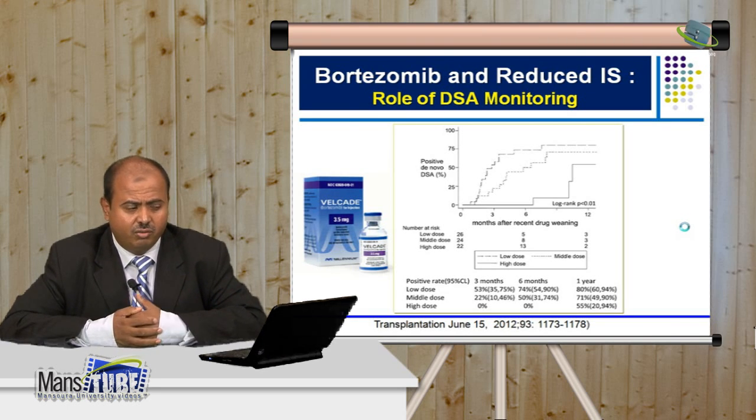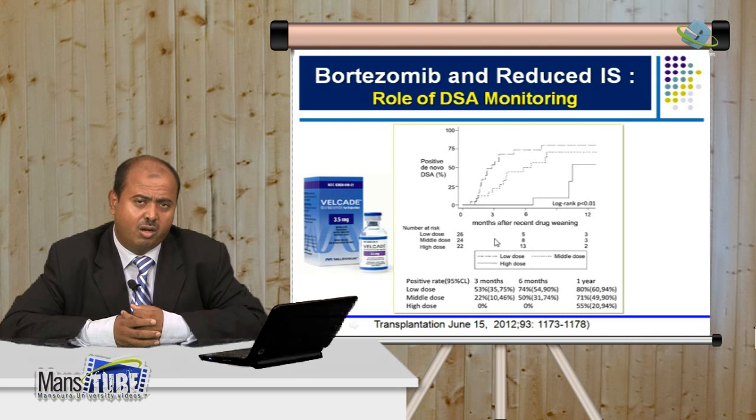Another important drug is bortezomib, and bortezomib can be used as induction therapy because it depletes plasma cells. So if you induce the patient with bortezomib and you follow the patient with immune suppressive maintenance, either low dose prednisolone, moderate dose or high dose prednisolone, or prednisolone plus other immune suppressive drugs.